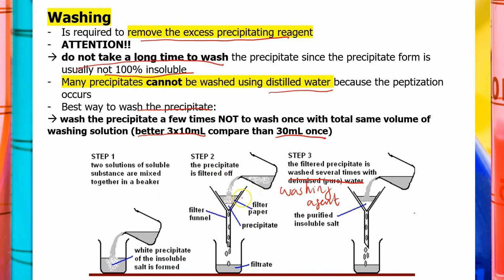In the filtration process, the precipitate will remain on the surface of the filter paper while the excess analyte will pass through the filter paper and become filtrate. Then, the filtered precipitate is washed several times with washing agent. It is required to remove the excess precipitating reagent or excess analyte.